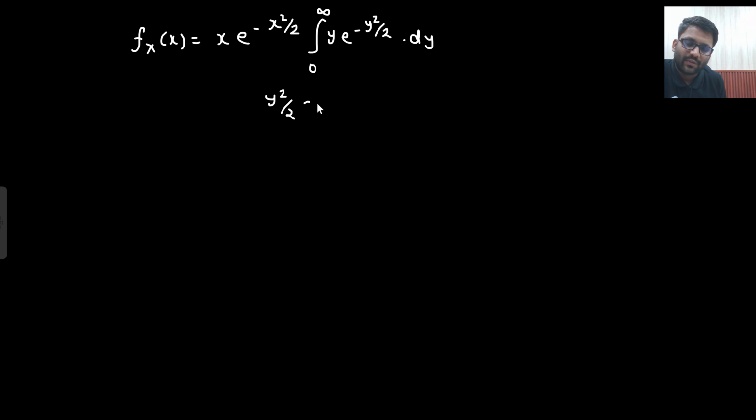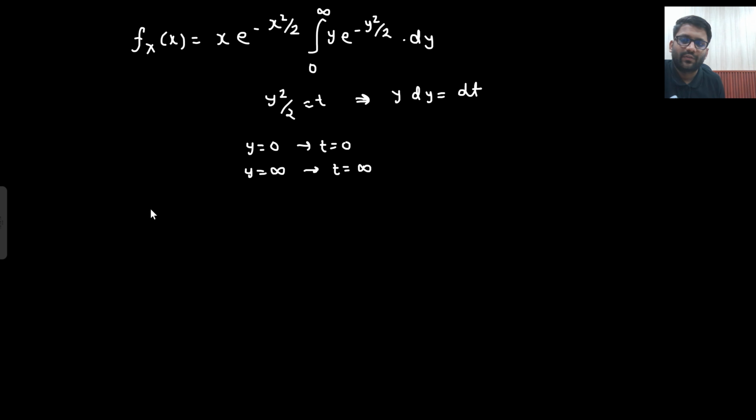So y square by 2 is equal to t. So from here, y dy is equal to dt. And if y is equal to 0, then t will also be equal to 0. If y is equal to infinity, then t will also be equal to infinity.